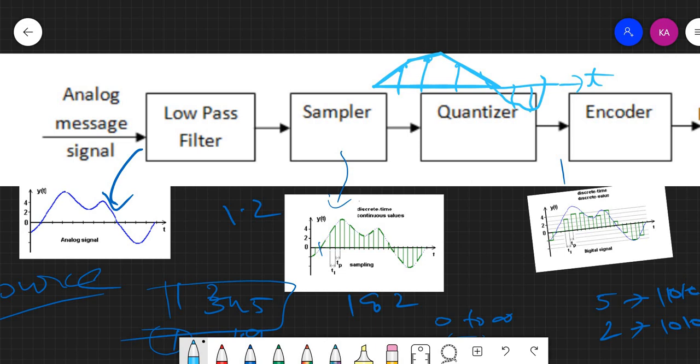But whatever the amplitude is, it is continuous, it is not discrete. Why am I saying discrete? Even if you see these pictures like this, how can I say that this is the continuous amplitude?